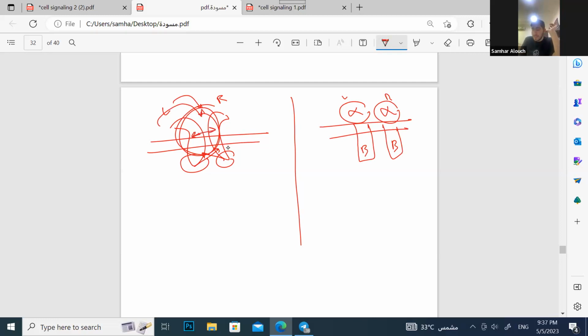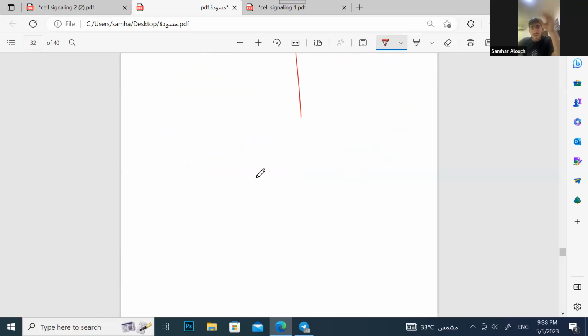But the insulin receptor is attached to each other all the time. So it's always in dimerization mode, okay? And made of 4 subunits. Once the insulin binds, where does it bind? On the alpha domain. Once the insulin binds to the alpha domain, it becomes active, and the beta domains phosphorylate each other and activate tyrosine kinase. So the insulin receptor is very special.